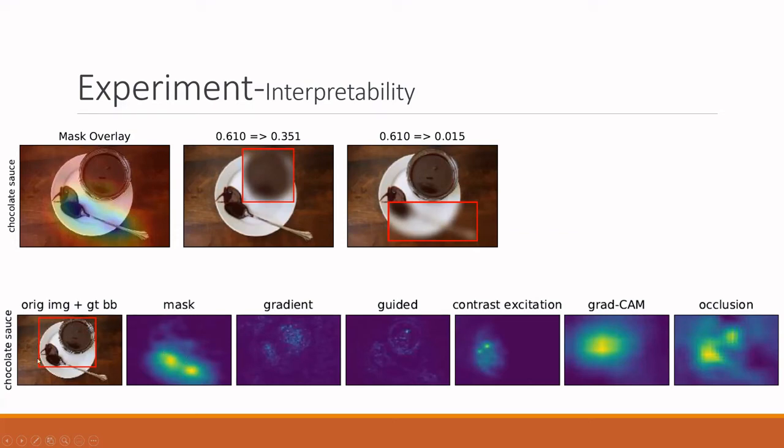You can see here, they are focusing on this spoon, and we can do 2 experiments to test it. If we blur this cup of chocolate sauce, yes, the confidence decreased, but not very much, from 61 to 35. And if we blur the spoon, which is not chocolate sauce at all, it decreased from 61 to 1.5%.